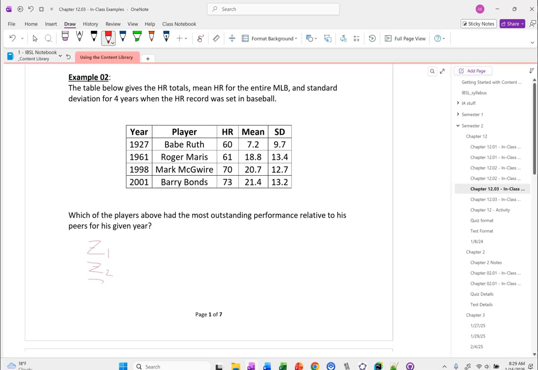So start cranking that out on your calculator and tell me when you get them. Do you need the formula again? The first one's 60.